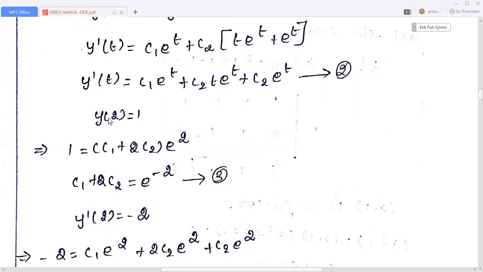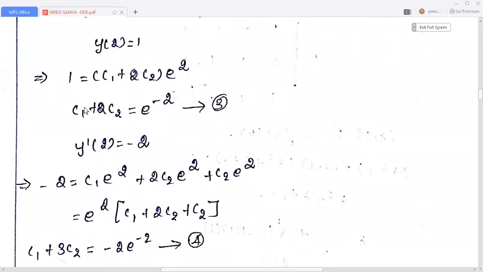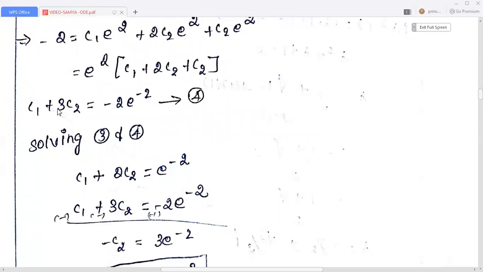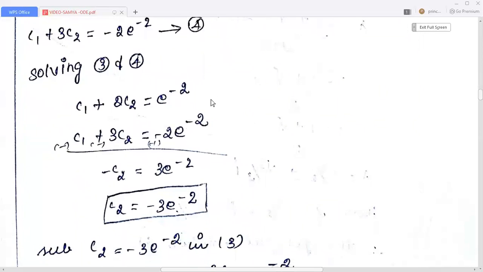Using y(2) = 1, we get c₁ + 2c₂ = e^(-2), that is equation number 3. Using the other initial condition, y'(2) = -2, we get another equation, c₁ + 3c₂ = -2e^(-2). This is equation number 4.